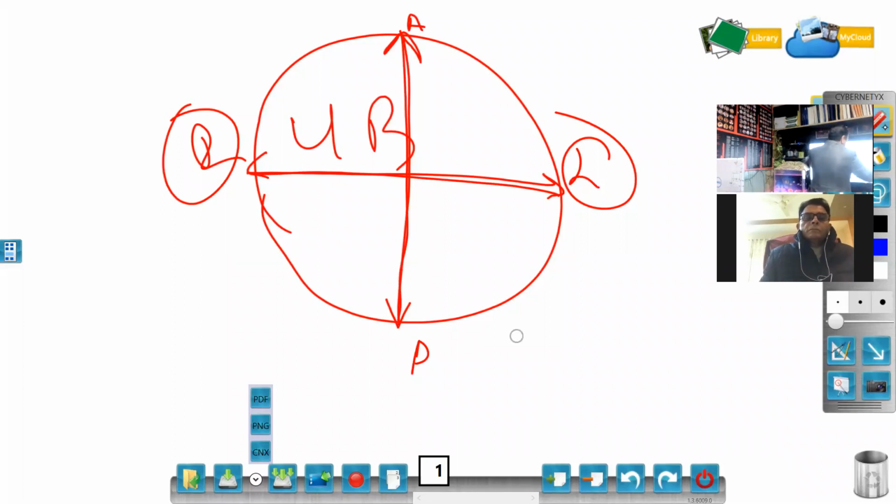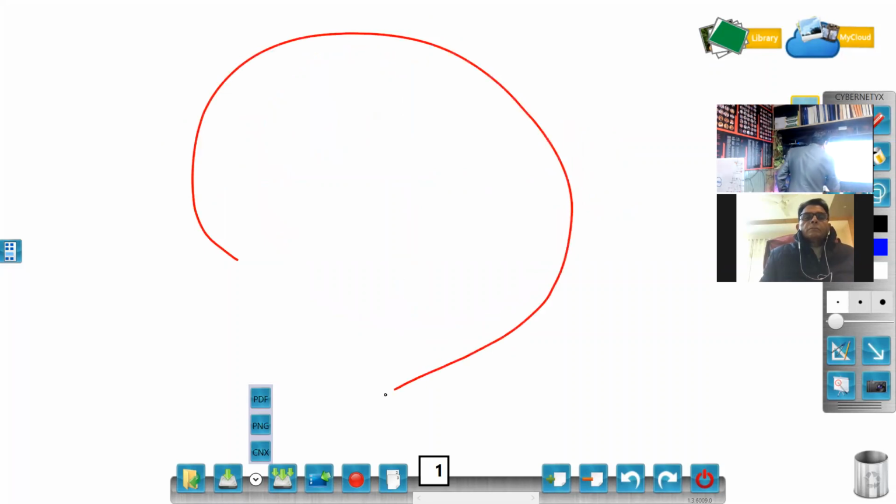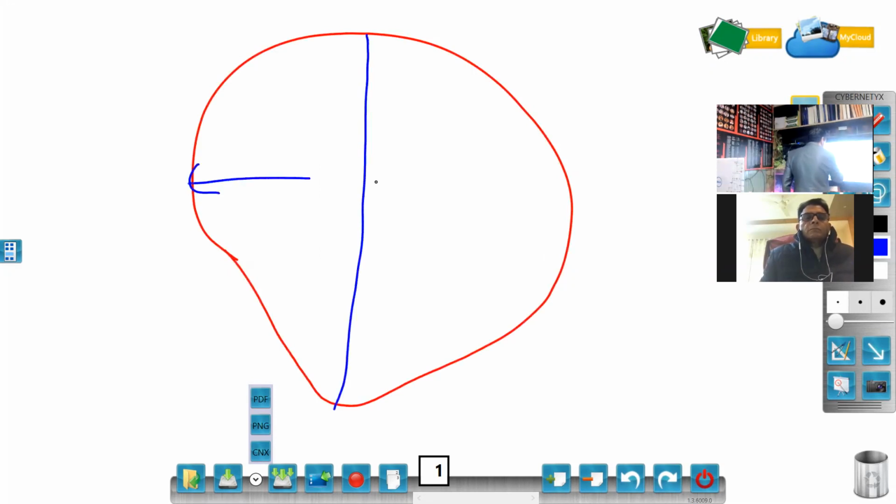But in case of a cystocele, I will have more depth over here. So if I have more anterior posterior than right to left, then I am dealing with a cystocele. This way we can make out the cystocele.